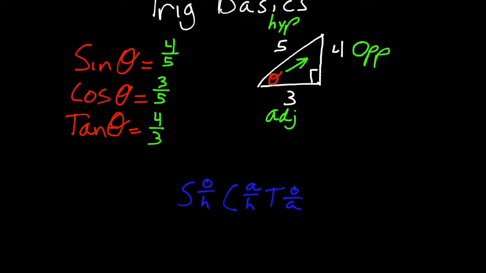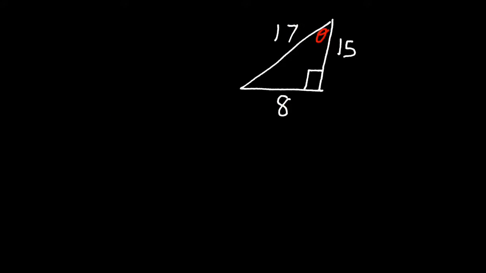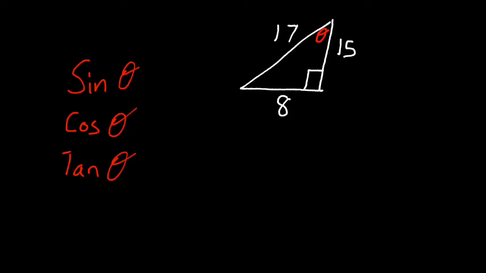Okay? Why don't we try another triangle real quick? Alright, so here's our new triangle. And this time we have the angle up here. But we're still looking for the same 3 trig functions. We want the sine of our angle, the cosine of our angle, and the tangent of our angle.